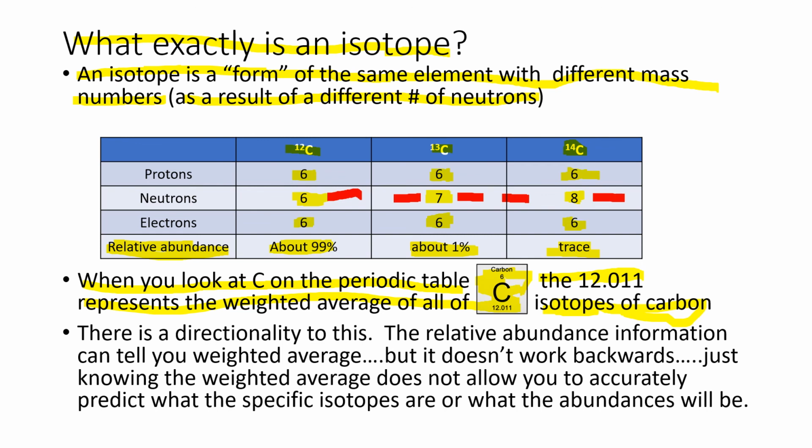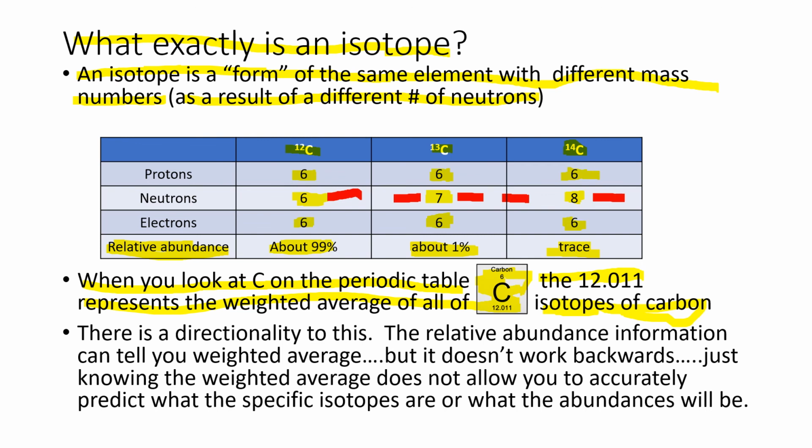They can't. You can't have part of a proton or part of a neutron. Carbon either weighs 12, 13, or 14. The 12.011 is that weighted average. And again, it's so close to 12 because most of the carbon has a mass of 12, but a little bit of carbon-13 and carbon-14 bump that average up slightly.